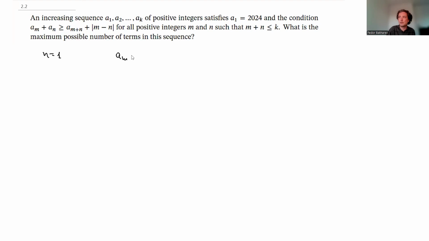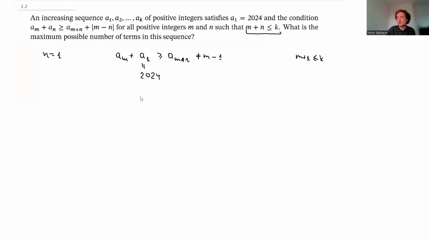get that a_m plus a_1, which is equal to 2024, is greater than or equal to a_{m+1} plus m minus 1. So m minus 1 will be just here without the absolute value. Of course we could write this only in the case when this condition is satisfied, so we should assume that m plus 1 is smaller than or equal to k.